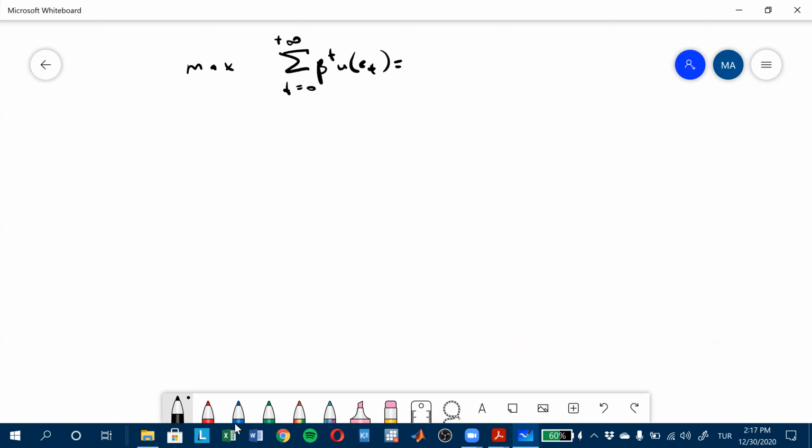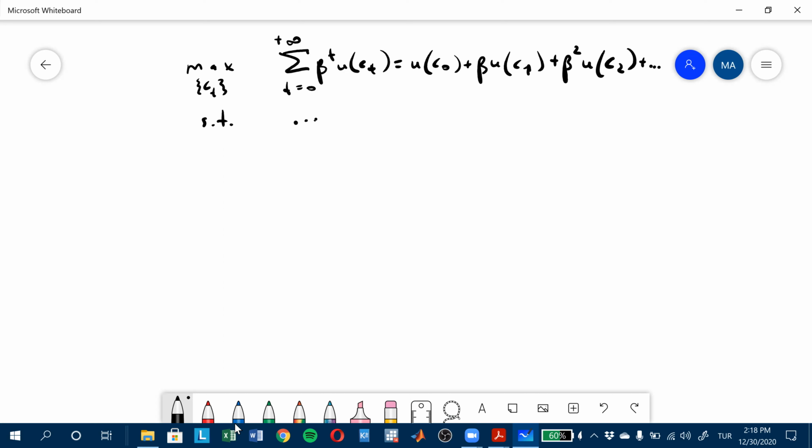So this function is u(c0) plus beta u(c1) plus beta squared u(c2), and that goes on. And we are choosing an entire sequence of consumptions subject to our constraints.